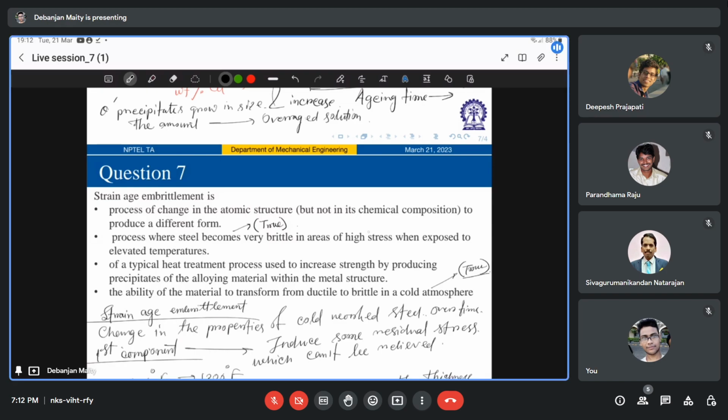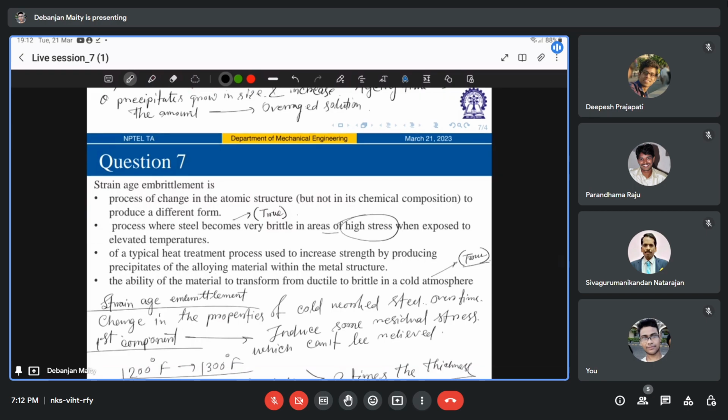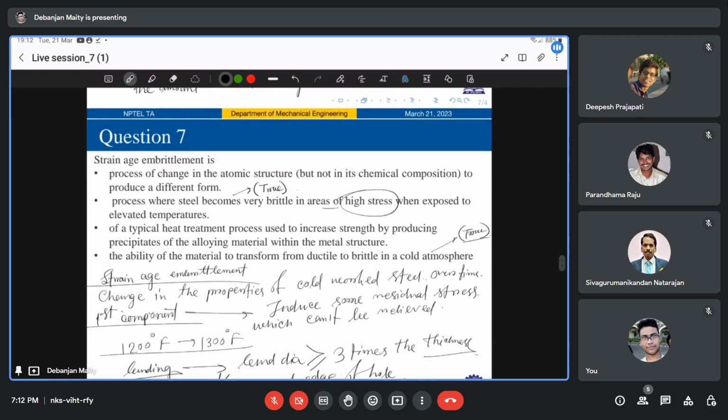So two things are there. One is this residual stress, or internal stresses you can't relieve; at that time strain age embrittlement will happen. And if there is some kind of impurity, or here it says you are inducing some ductile to brittle change in the cold atmosphere, whatever I was saying in terms of cold working.